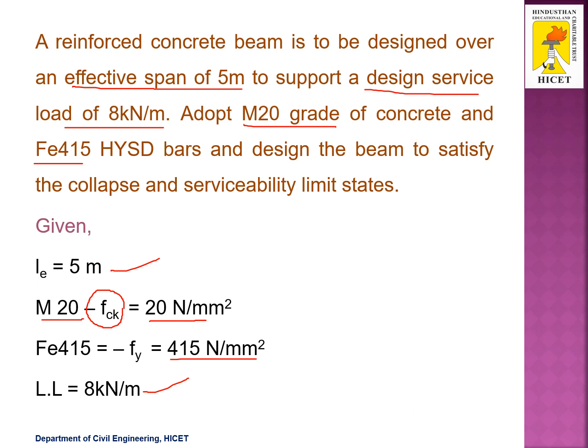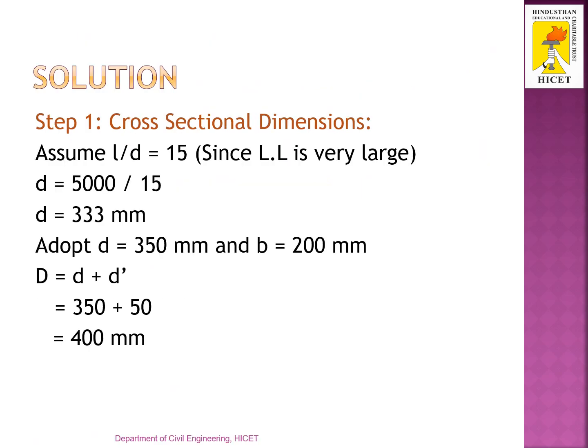So we want to design a reinforced concrete beam based on collapse and serviceability limit states. So first we have to find the cross-sectional dimension of our beam. So we assume the L by D ratio, the span to the effective depth ratio.